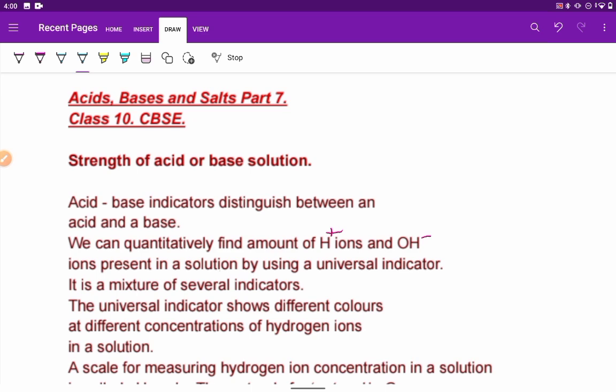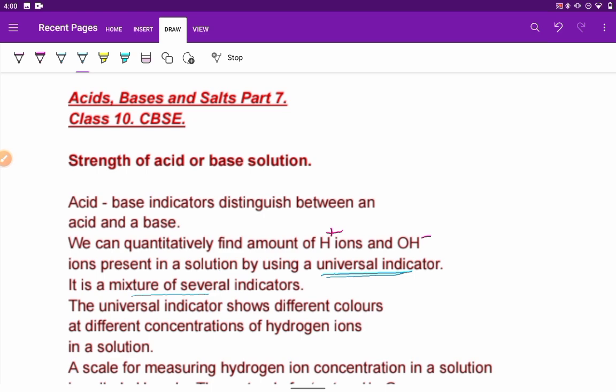For that, we need to use universal indicator. With the help of universal indicator, we can quantitatively find out the amount of H plus ions and OH minus ions present in the given solution. Universal indicator is a mixture of several indicators, and it shows different colors at different concentrations of hydrogen ions.